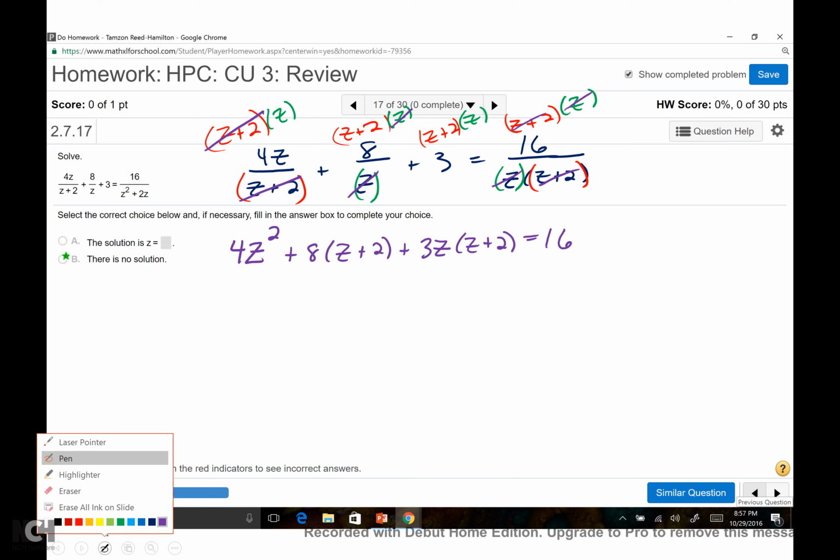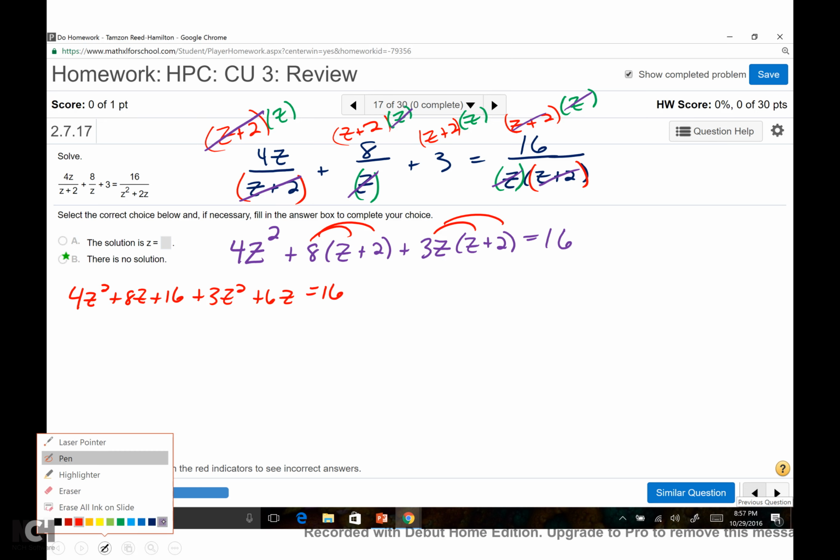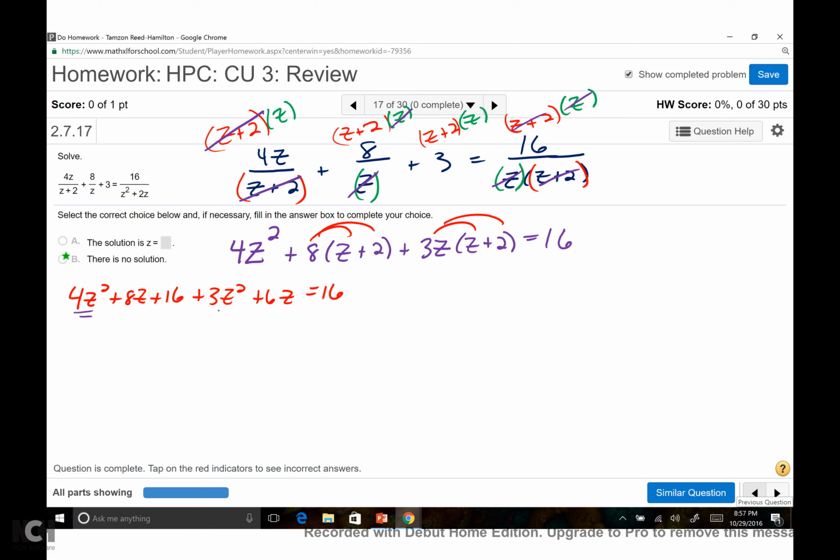So now we're going to simplify and solve. Distribute. I have 4z squared plus 8z plus 16 plus 3z squared plus 6z equals 16. So now I'm going to combine like terms. 4z squared and 3z squared is 7z squared. 8z and 6z is 14z.